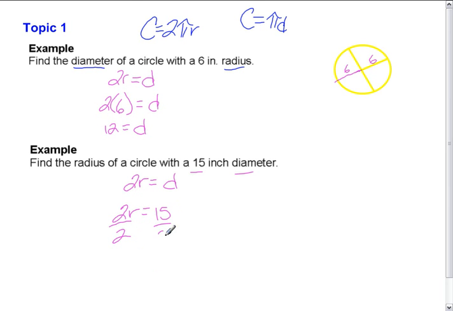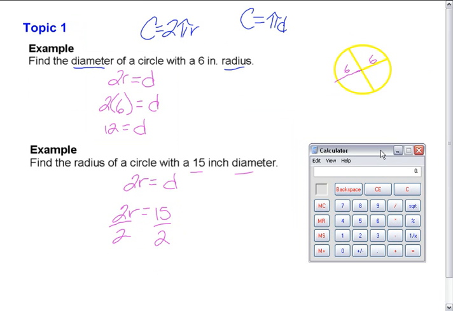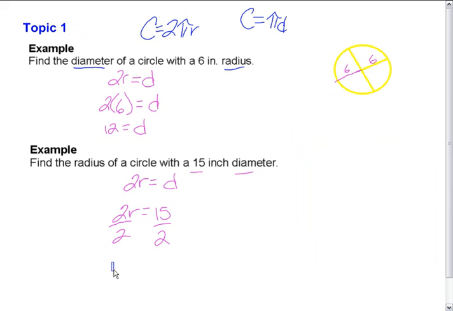Divide both sides by 2. 15 divided by 2 is 7.5. r equals 7.5.